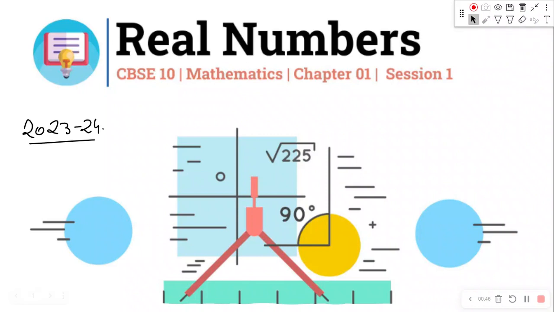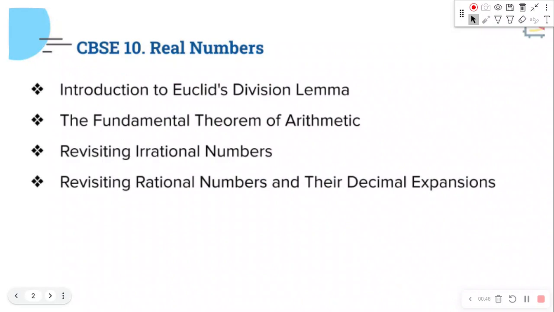Now, before starting, let me show you the syllabus overview. In your grade 10 real numbers, as you know, in 9th standard you studied the number system, right? Rational numbers, representation of rational numbers and everything, correct? Now, this year you had 4 topics. Remember the word had.